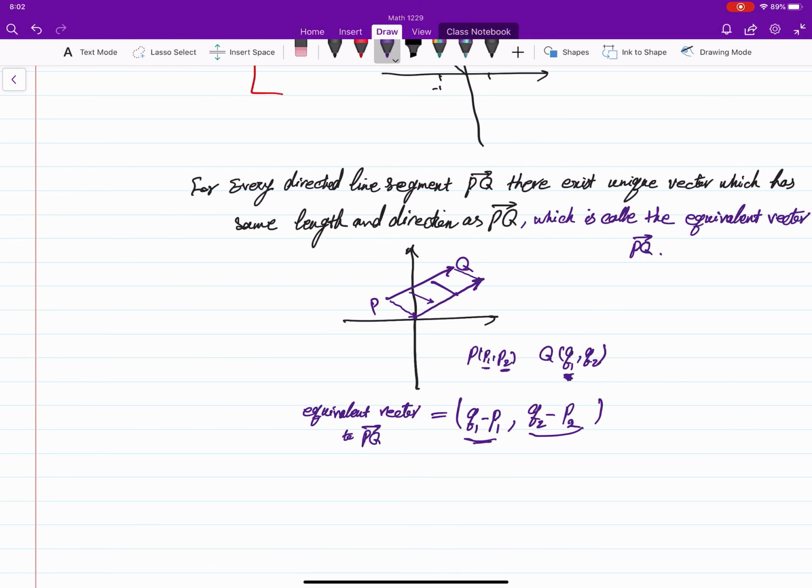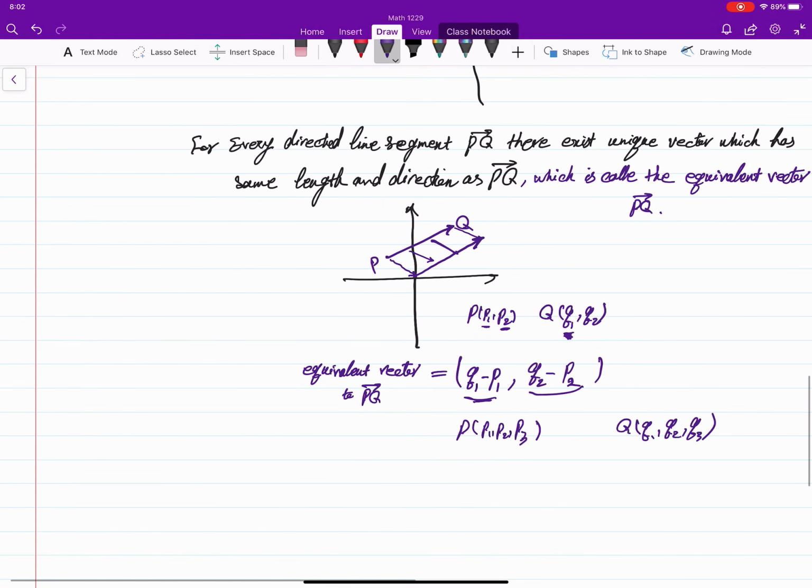If it is in the three-dimensional case, so you have P1, P2, P3, and you have Q1, Q2, Q3, the equivalent vector again is going to have three components.